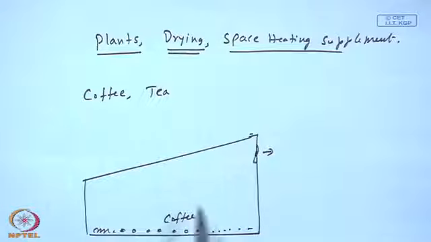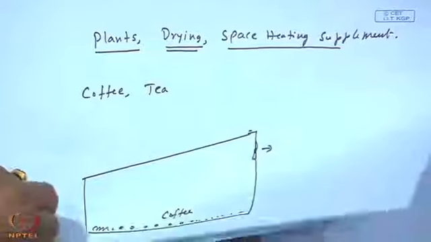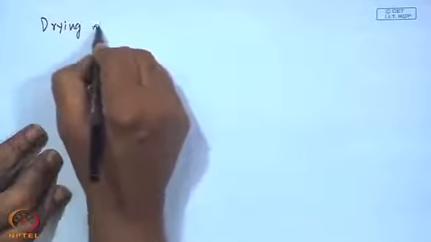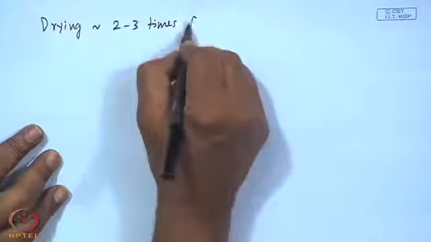One can think of a number of other arrangements. If you are drying tea leaves, the advantage is that typically the drying is 2 to 3 times faster.